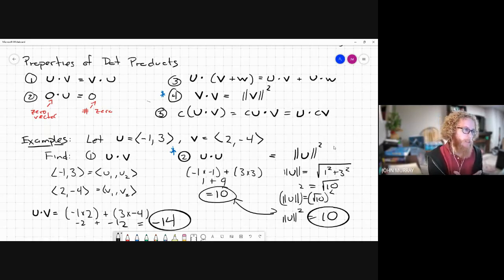Now, I wouldn't say there's a huge advantage of using one compared to the other. It would just be what you're more comfortable with. So if you see u dot u and you have no problem just setting up a quick dot product equation, you can do that. Or if you remember this rule here, you can do the magnitude and then square the magnitude.